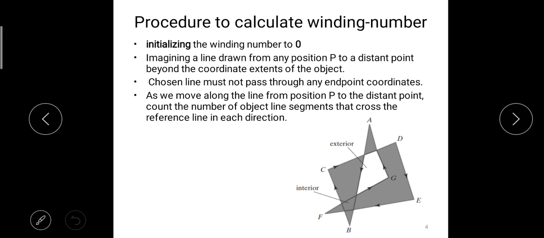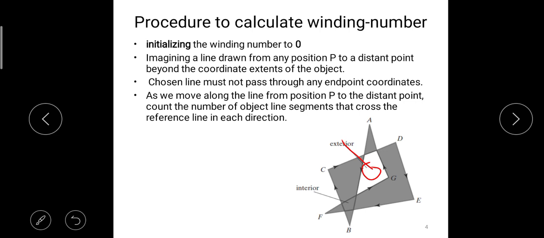So first we'll initialize the winding number to 0. The second point, imagine a line drawn from any position P to a distant point beyond the coordinate extent of the object, that is, from this point we have drawn a line towards the outside of the object.